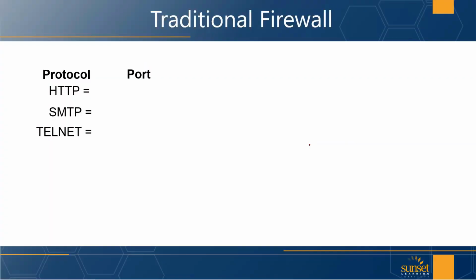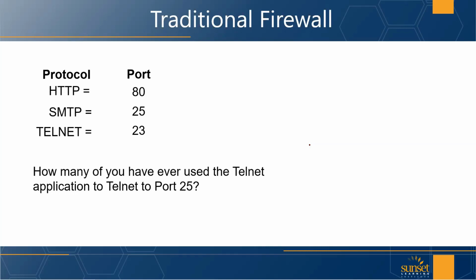So let's take a look at a traditional firewall. Here I've got a protocol. We knew port 80 for HTTP, 25 for SMTP, and 23 for Telnet. I don't know if any of you have ever done this where you Telnet to port 25. I used to Telnet to port 25 to check my mail servers.